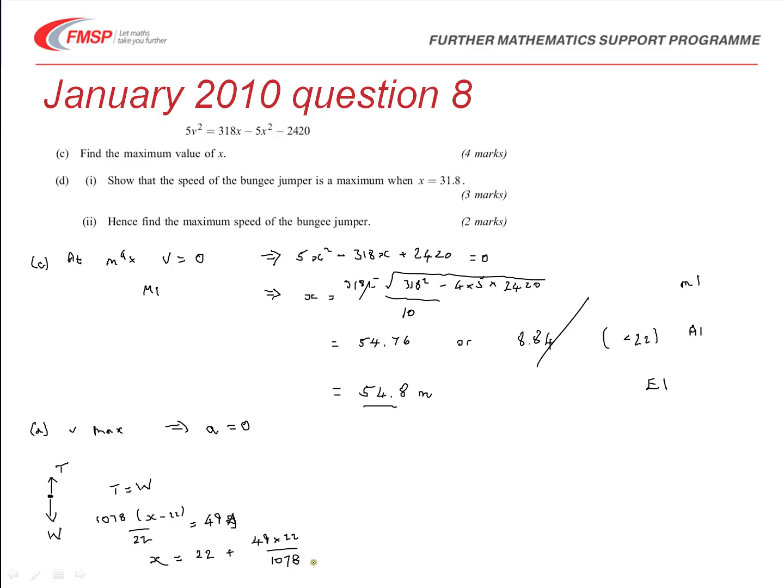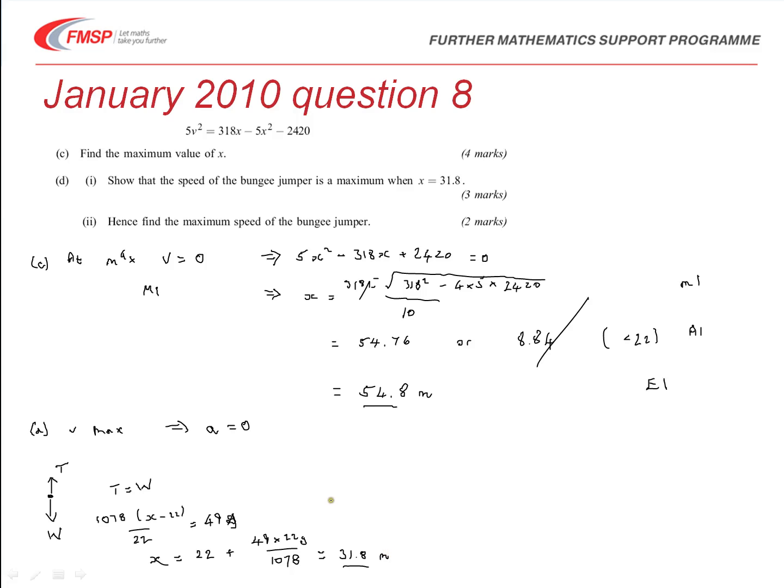And that will give you a value of x of 31.8. I assume that's in meters. Yeah, just spotted the fact I missed out the g in there, didn't I, from the line above. Yeah. 49 times 22 is 1078, as we said earlier, so this just becomes g, which added on to the 22 gives you the 31.8.